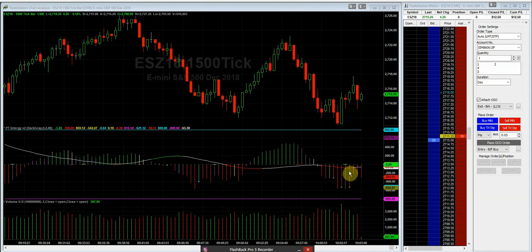The supply is starting to absorb the demand right here, even though it is getting weaker because these bars here are clearly smaller than these. So it came down, the supply went down, the demand took it higher, then supply is trying to come back in right here.